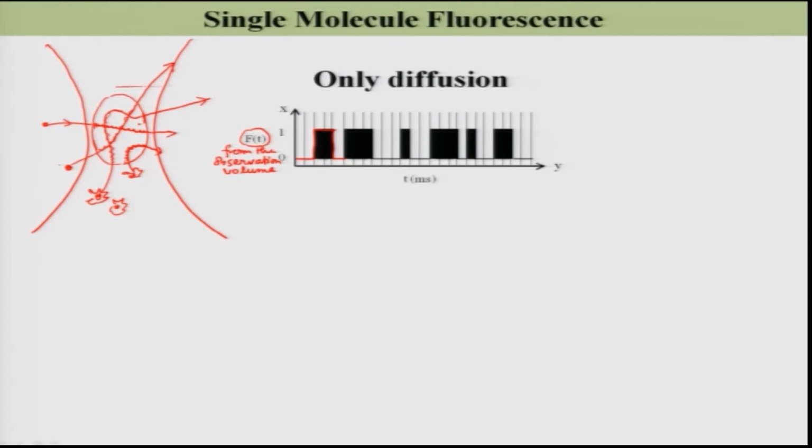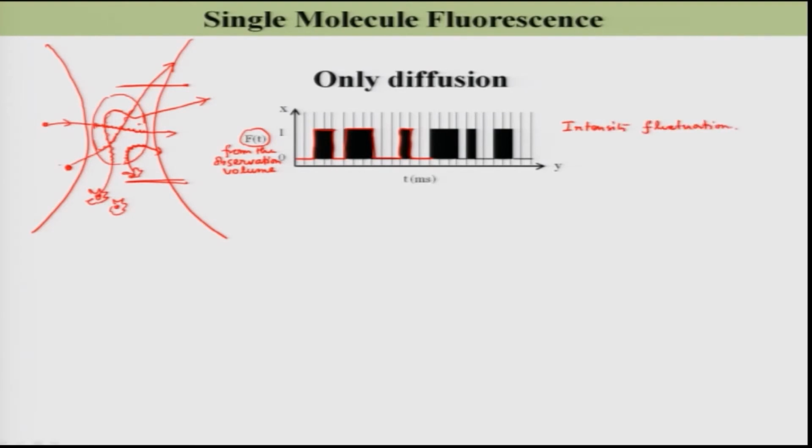That height is determined by the width of the pinhole, the size of the pinhole, right. So then again, once the molecule enters, it will be like this, and then like this, and so on, right. Now, there will be fluorescence intensity fluctuation, right. I can simply write this as intensity fluctuation.